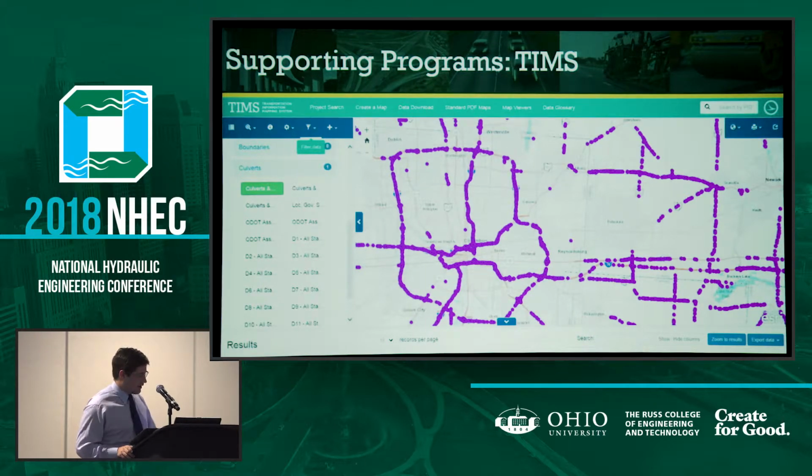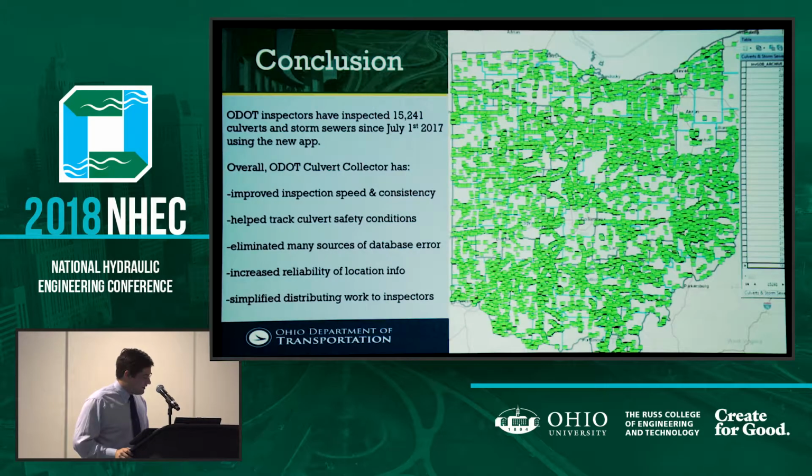And so this snapshot here of these purple culverts, they're basically all our state-maintained culverts, well, in the Columbus area. So if you just search on Google TIMS ODOT, it'll be the first one that comes up. And I might be able to provide a link somewhere for you guys. Or if you come talk to me after, I can show you.